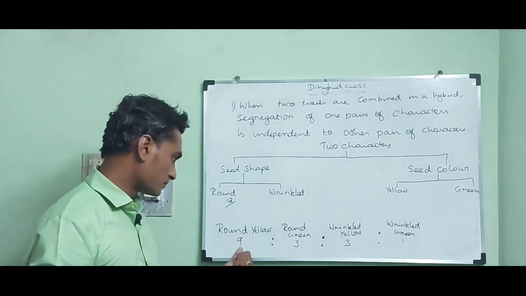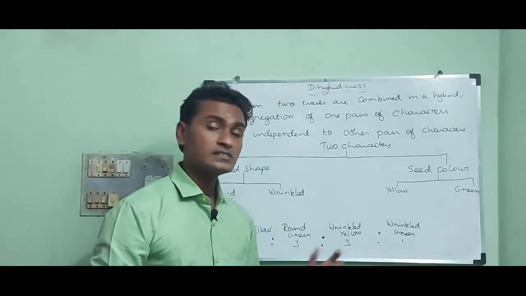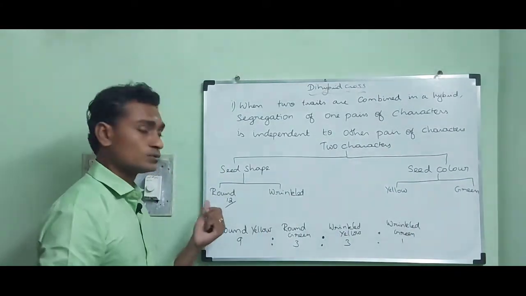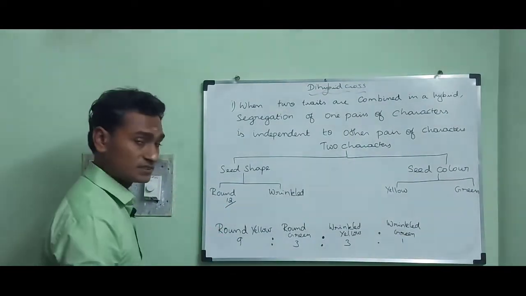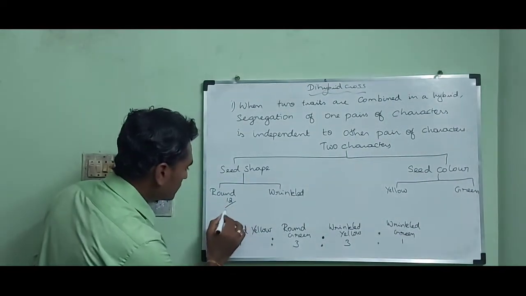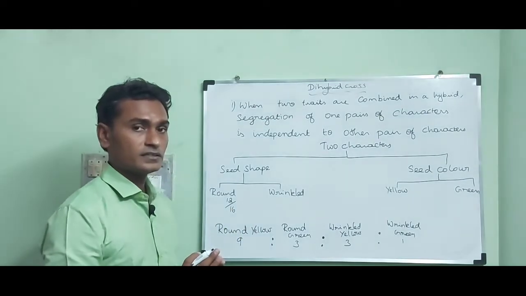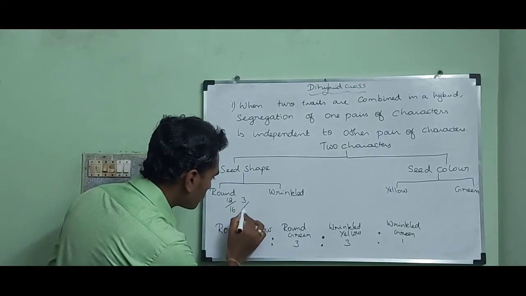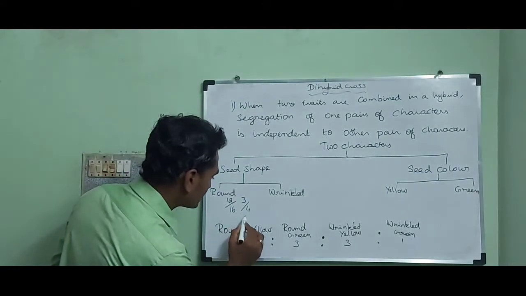That is 9 plus 3, 12, 12 plus 3, 15, 15 plus 1, 16. So among the 16 young ones, the round trait appears in 12. So 12 by 16, which can be written as 3 by 4, and we can write 3.